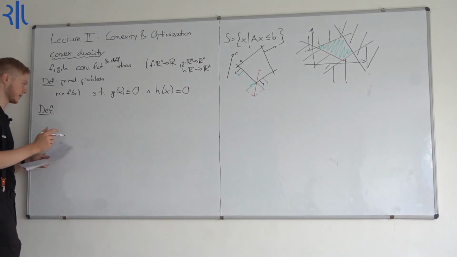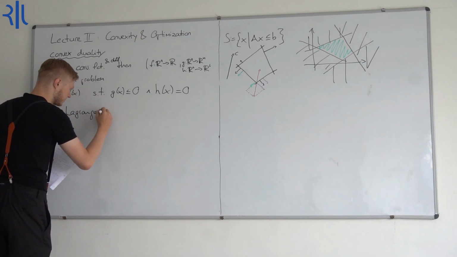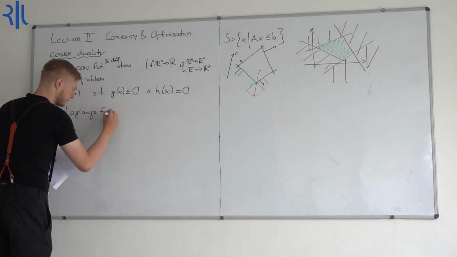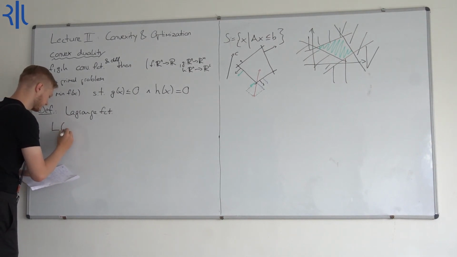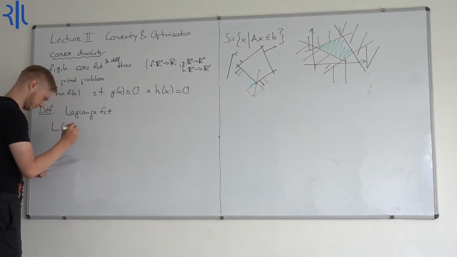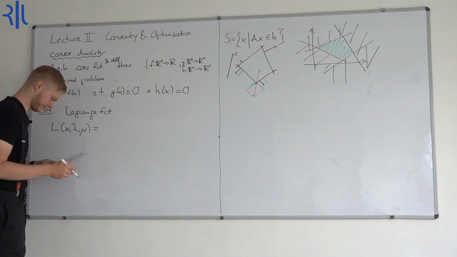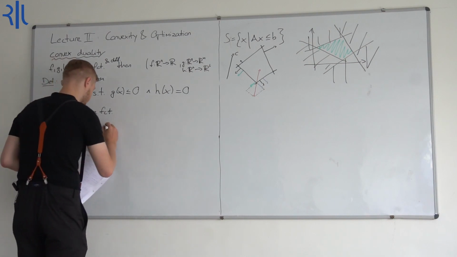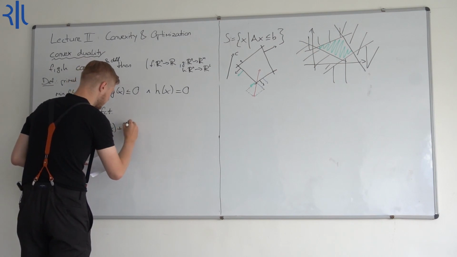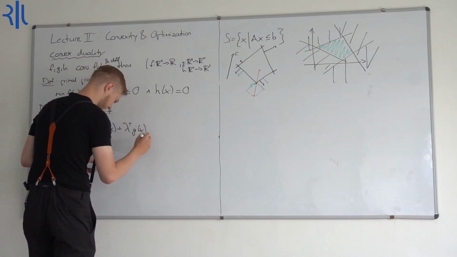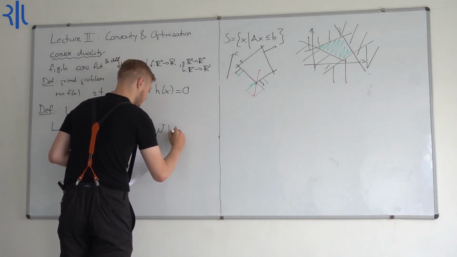Then we can define the Lagrange function: f of x plus lambda transpose g of x plus mu transpose h of x.